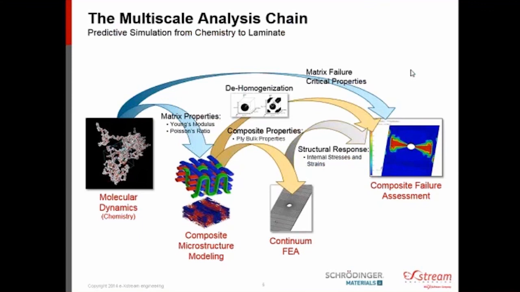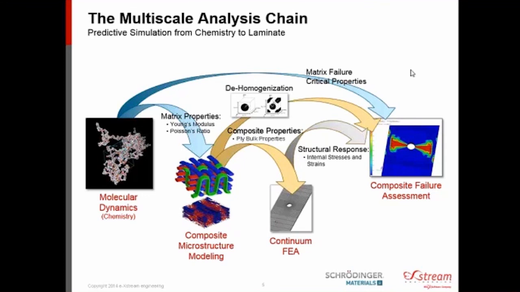So if you start from the molecular level, the chemistry level, you need to be able to pass information computed there up to the microstructure level to determine the lamina and laminate properties. You then have to relate the lamina level to the continuum level, so the part level, and then you have to be able to predictably simulate the response of the structure of the laminate itself.